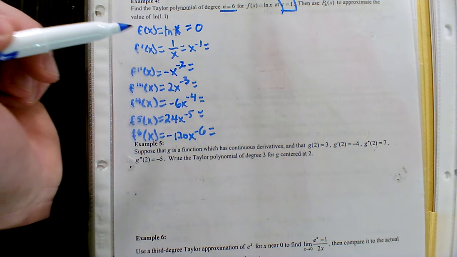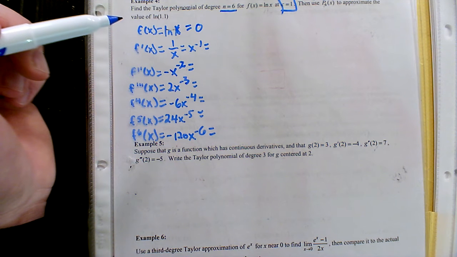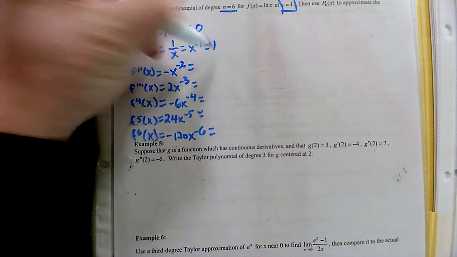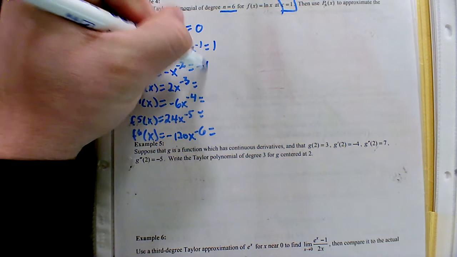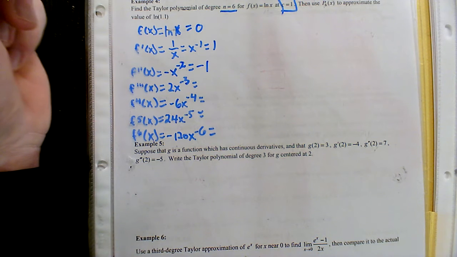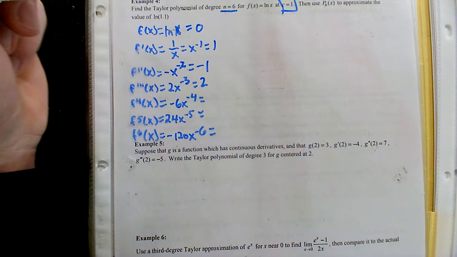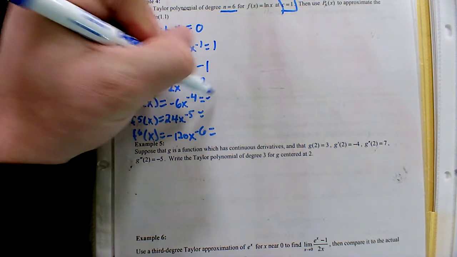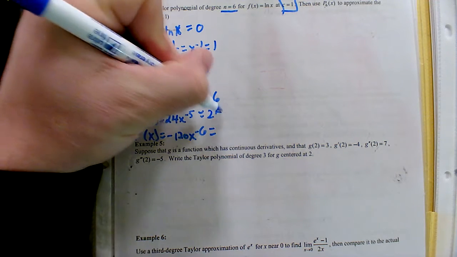Okay, the first derivative evaluated at 1 is 1. What about the next one? Close. Negative 1. Third derivative, 2. Fourth derivative, negative 6. Fifth derivative. And last?